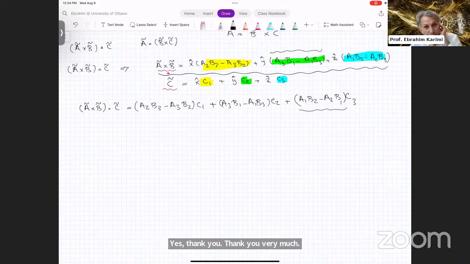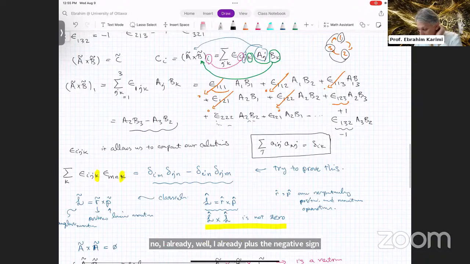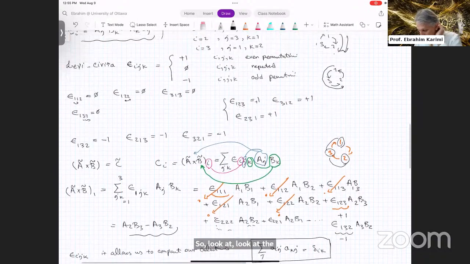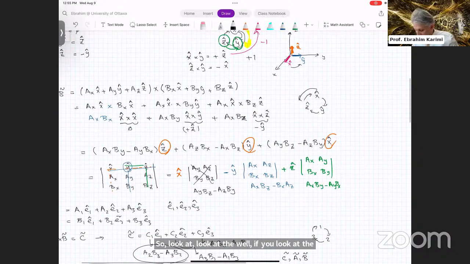What else? Shouldn't the second term of A cross B be negative? No. I already put the negative sign in and did the calculation. If you look at the expansion that we had here, that was A1 B3 minus B1 A3.